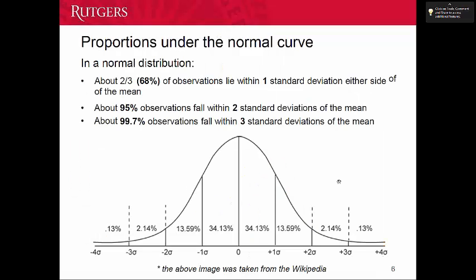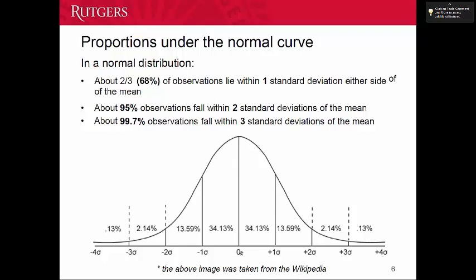Now let's see how observations are distributed within a normal distribution. Since the distribution is symmetrical, 1/2 of the full observation lies to the left side of the center of the distribution, which is 0 here.